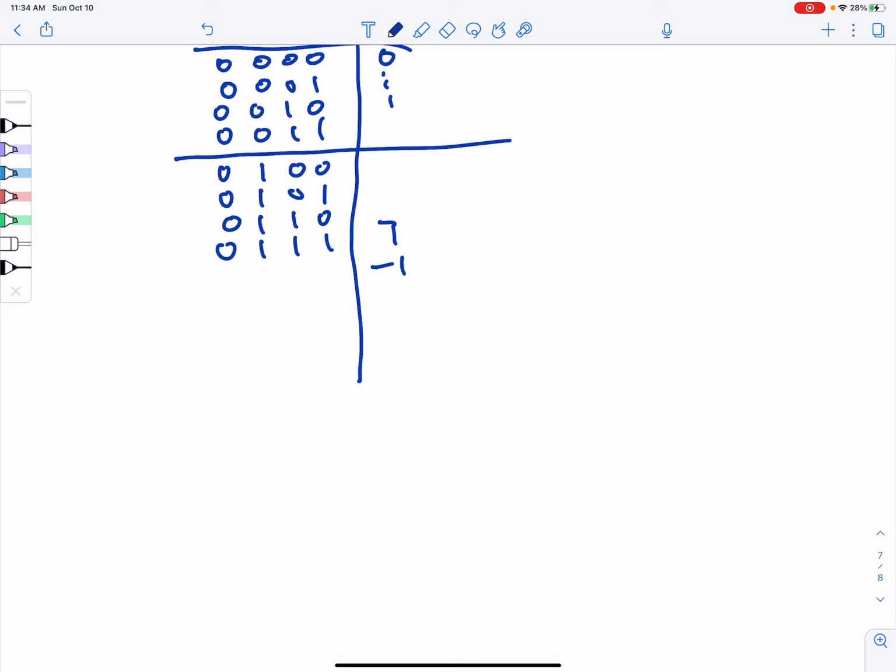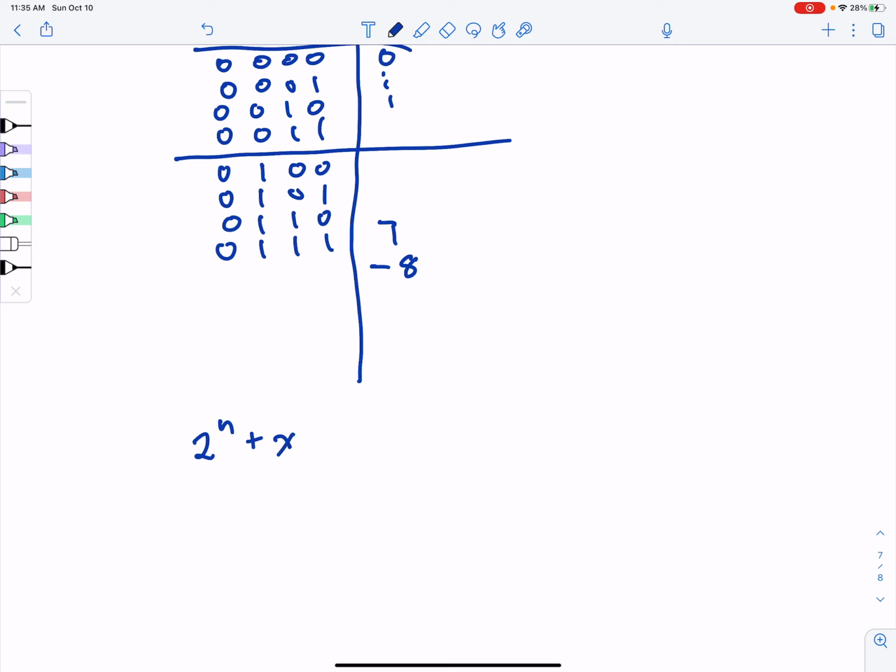If you remember -1, there's a 1 in the... I'm sorry, let's do -8 to keep these in order. What if I was going to do -8? In 2's complement, it's 2 to the n plus x, where x is -8.